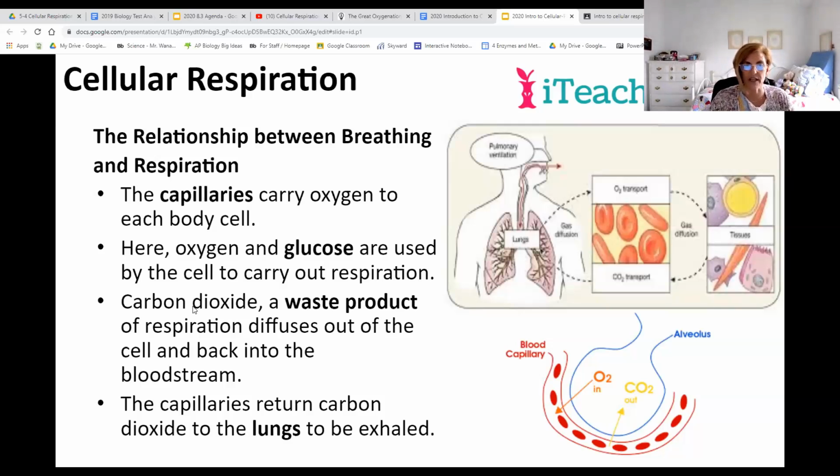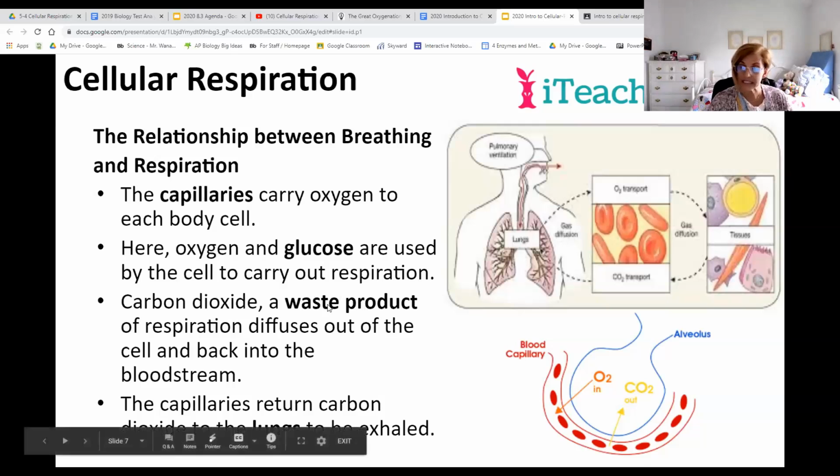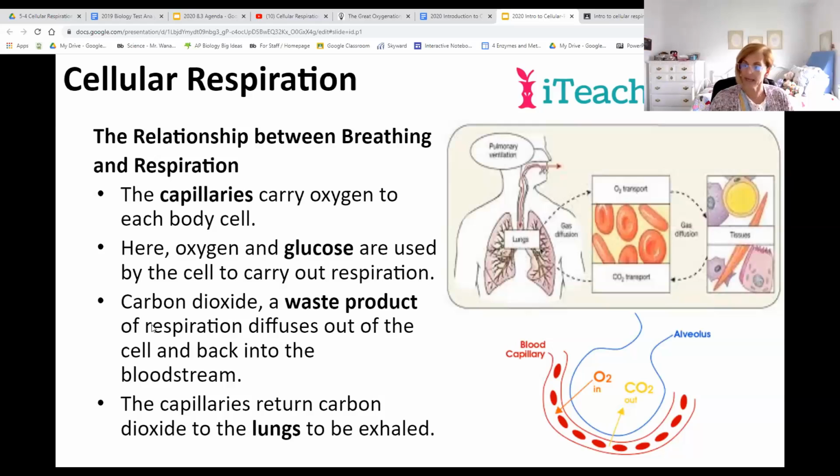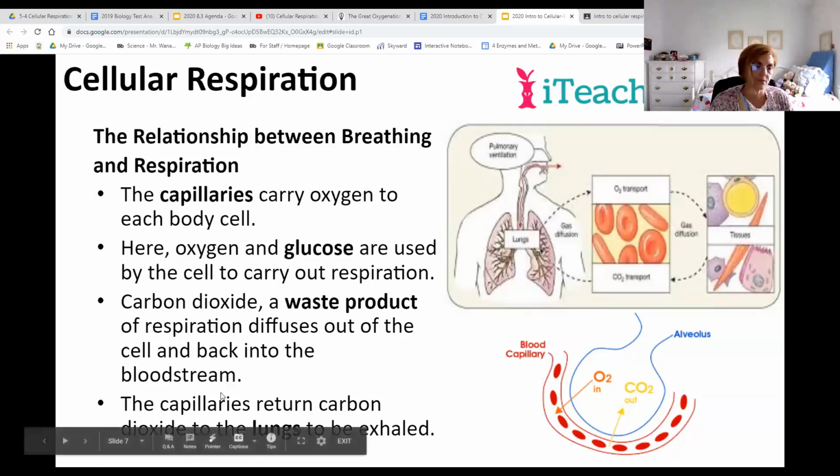We need to get rid of it. It makes our blood acidic. And the more acidic your blood is, the faster many of your processes will be. And in an extreme case of acidosis, our bodies would go into a seizure. So we definitely want to get rid of the CO2. Okay, and then the capillaries take that CO2 to the lungs, and then you breathe it out.